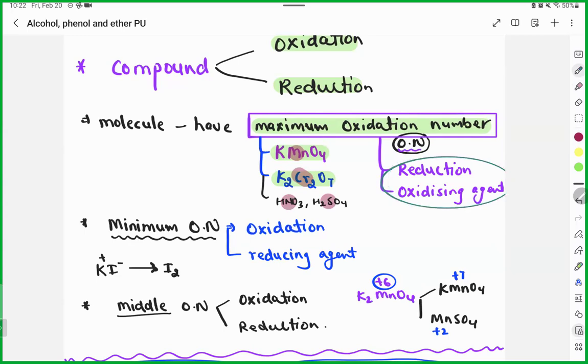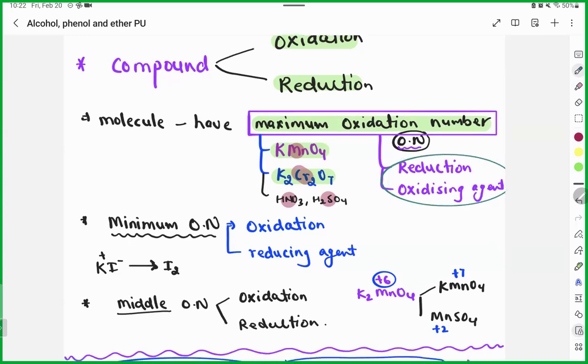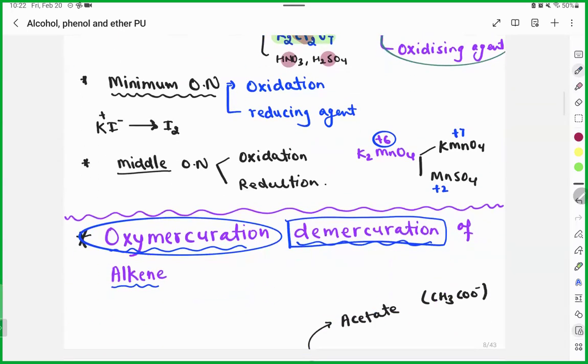All these are oxidizing agents. When you have the minimum oxidation number, only oxidation can happen in such a situation, and you will have a reducing agent. Example, here you have iodide, I negative, and it will convert into I2.